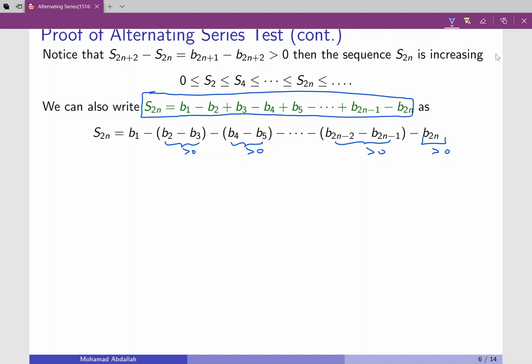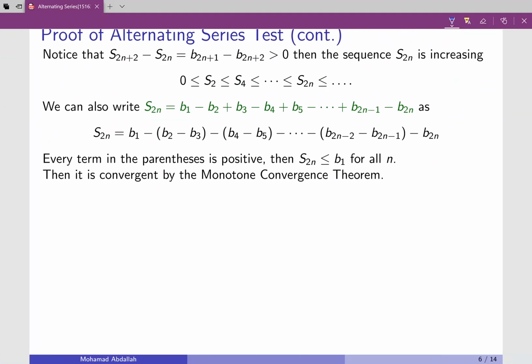So you can see here that S2n is equal to b1 minus some positive quantity. So S2n is less than b1, and this is going to be the case for every n. So S2n is less than or equal to b1. So here I have shown two things: that S2n is increasing and S2n is bounded above by b1.